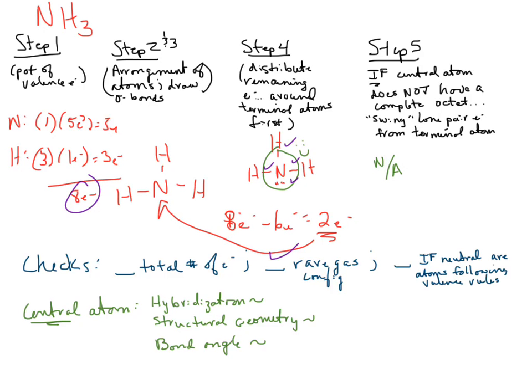The expected valence, just to remind you what that means, is the number of sigma and pi bonds. It's always 8 minus the group number. So 8 minus 4 is 4, 8 minus 5 is 3, 8 minus 6 is 2, 8 minus 7 is 1. So nitrogen is a 5A element, so we expect it to reach out 3 times.